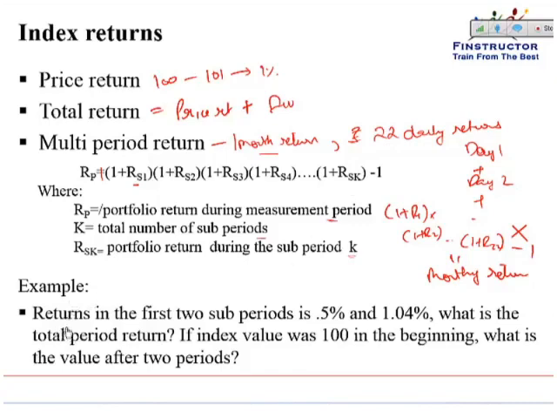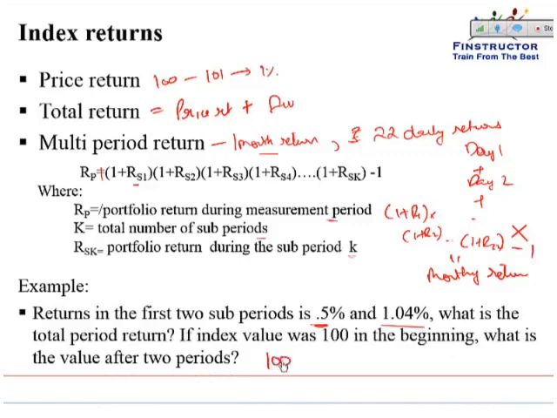For example, the returns in the first two sub periods are 0.5% and 1.04%. What is the total period return if the index value was 100 in the beginning? What is the value after 2 periods? So fairly straightforward.